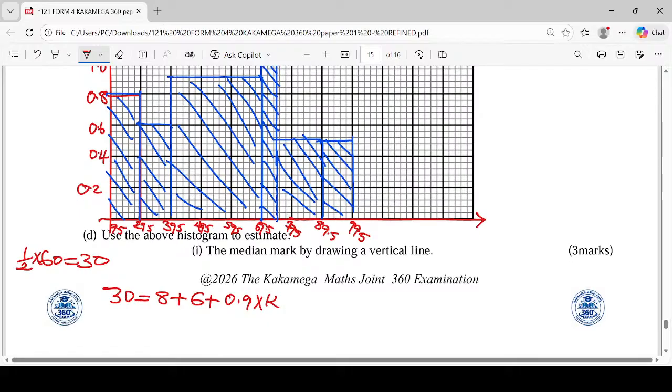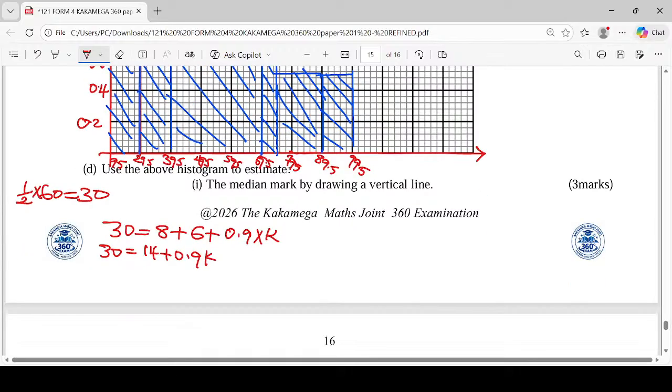So 30 will now be equal to 14 plus 0.9k. So 16 will be equal to 0.9k. So the value of k, when you take 16 and divide by 0.9, is 17.78.